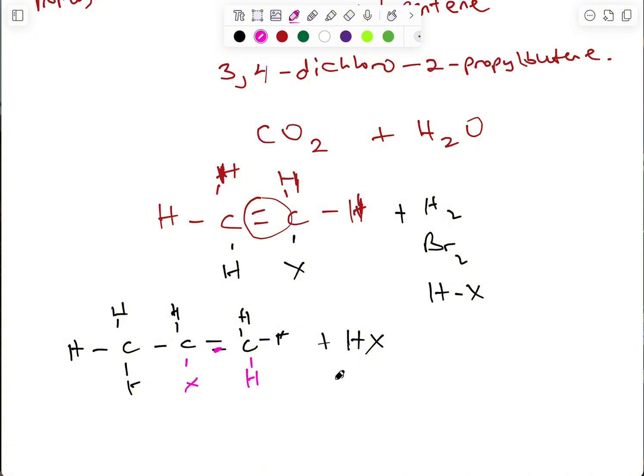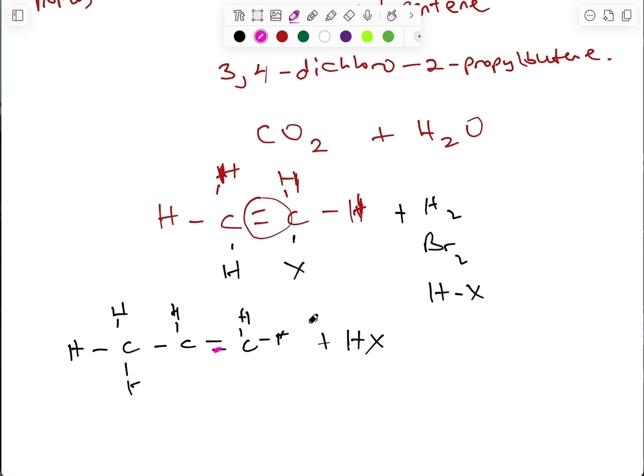So how do we determine where the hydrogen will go, where the halogen will go? We use what we call Markovnikov's rule. And what does it say? For unsymmetrical alkenes like this, if you want to do hydrohalogenation, the hydrogen we add to the side with carbon that has more hydrogen.